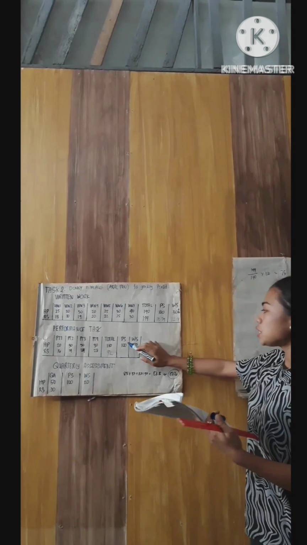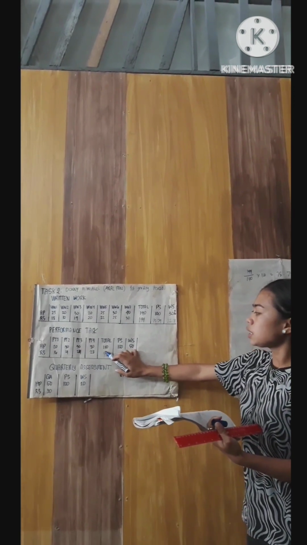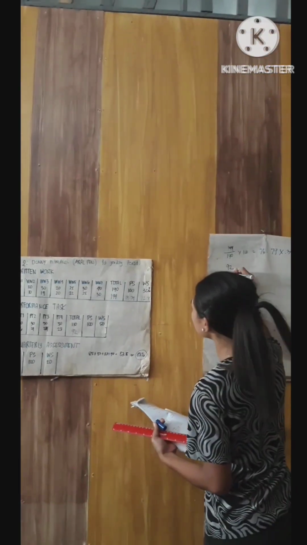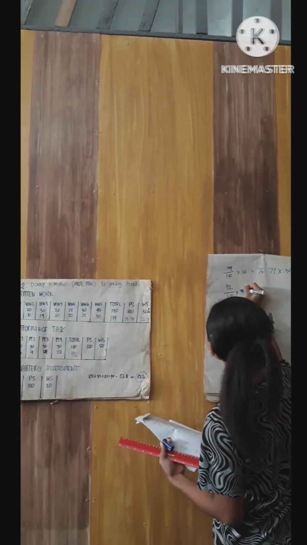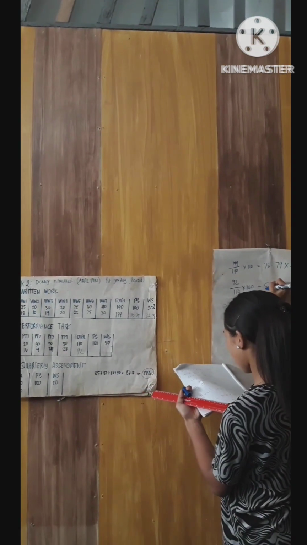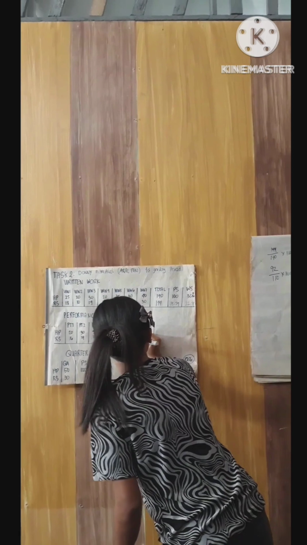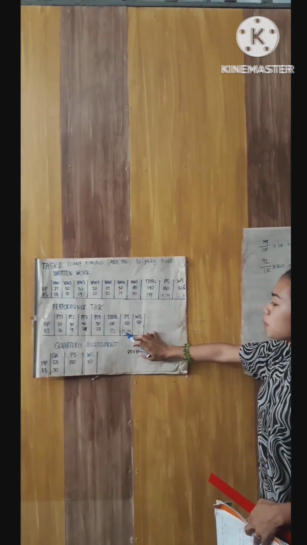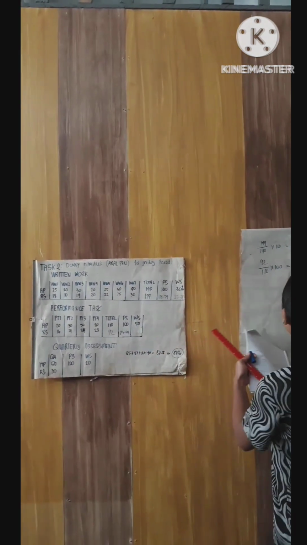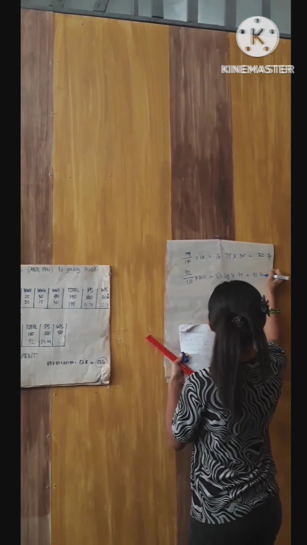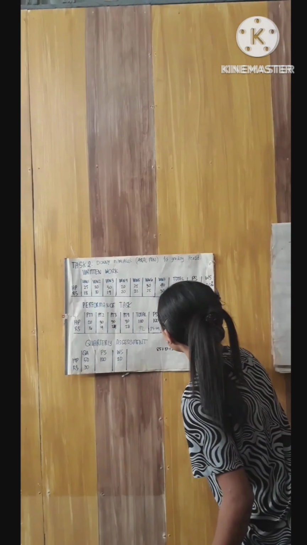So to get the percentage score, raw score 92 over the highest possible score, which is 110, times 100 equals 83.64. So the percentage score is 83.64. To get the weight score, 83.64 times 50%, so times 0.50, equals 41.82. So the weight score is 41.82.